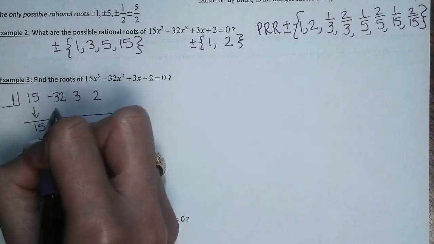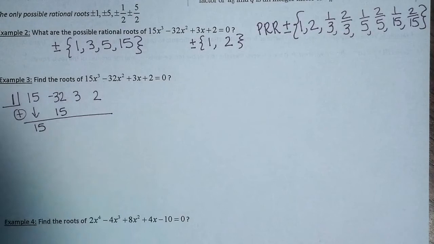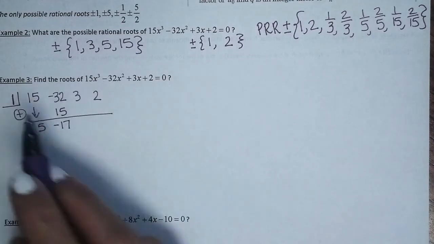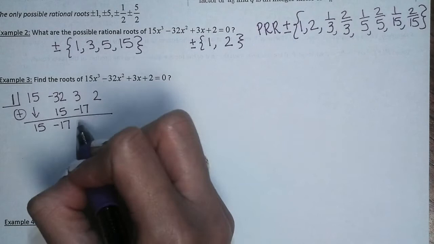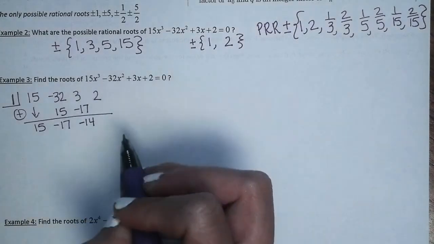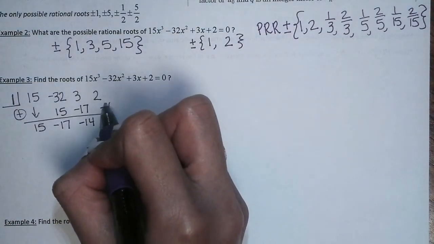15 times 1 is 15. And remember that you're adding here. When you add 15 plus negative 32, that gives you negative 17. Negative 17 times 1 is negative 17. When you add it to 3, that gives you negative 14. Negative 14 times 1 is negative 14.